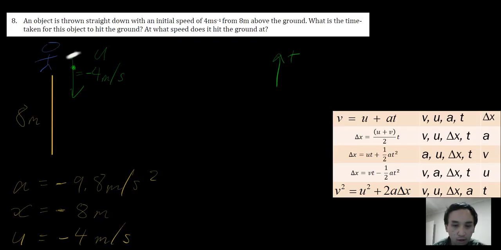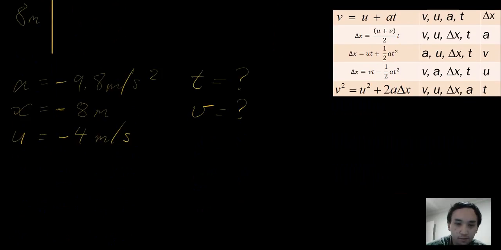And what we want to know is, what's our V? Actually, sorry. First part of the question says, we want to find the time taken. We also want to know the final speed afterwards as well. So these are the two things. So from our constant acceleration formula over here, we can work out which one to use.